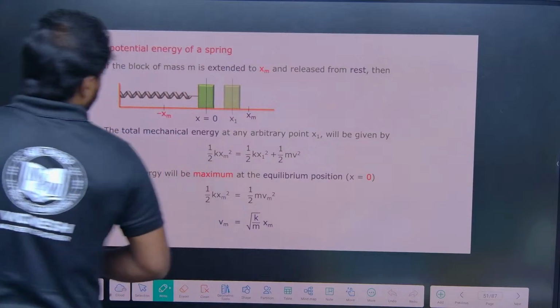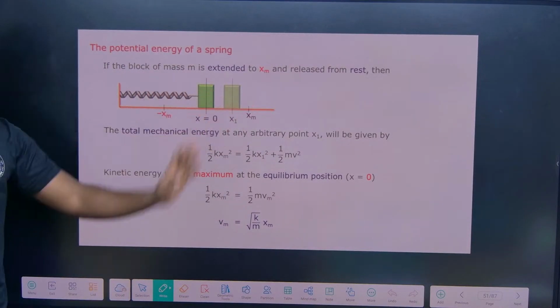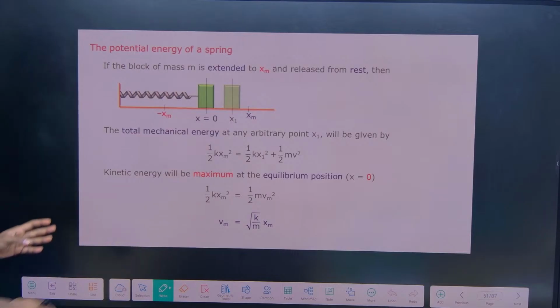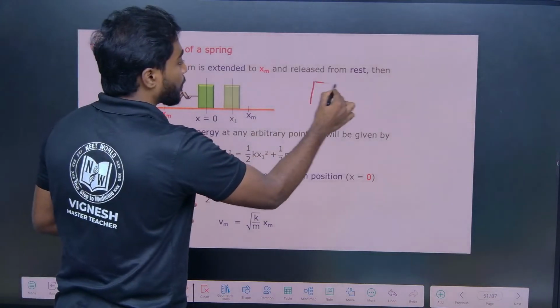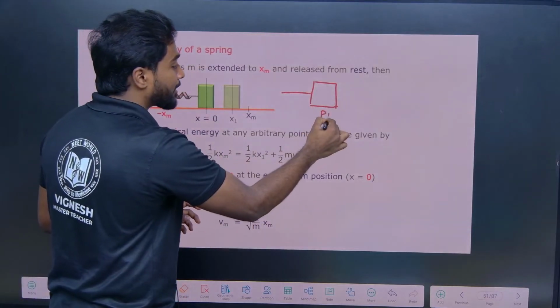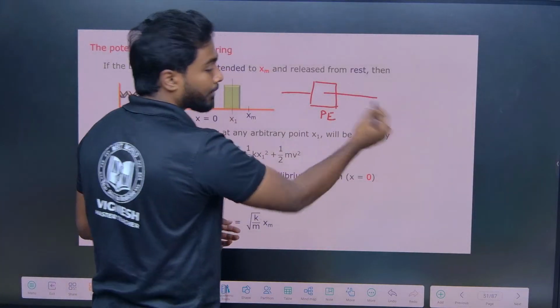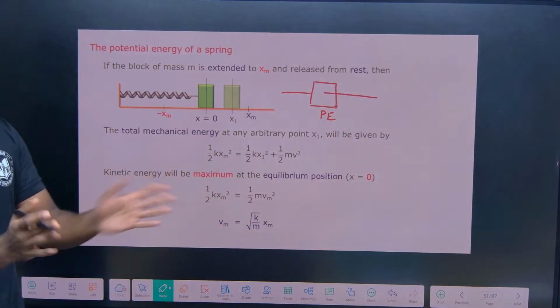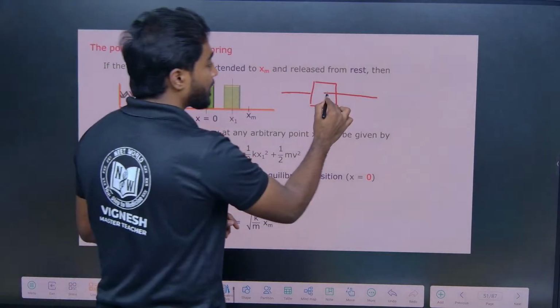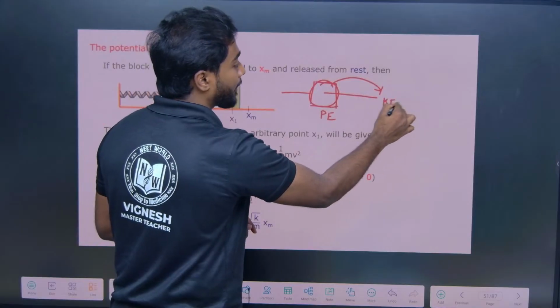Okay, the next one. The total mechanical energy will be equal at the initial point and the final point. Initially it was like this, so some potential energy was there. When expansion or compression happens, some part of this potential energy is converted into kinetic energy.